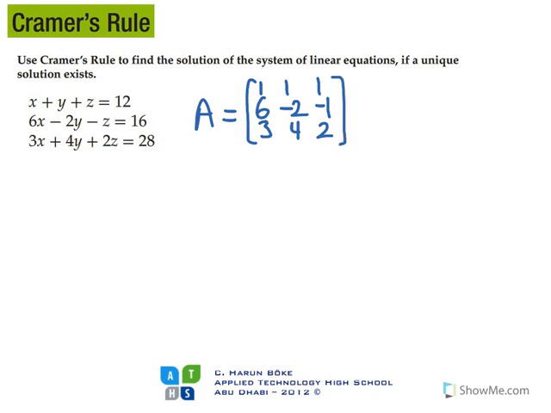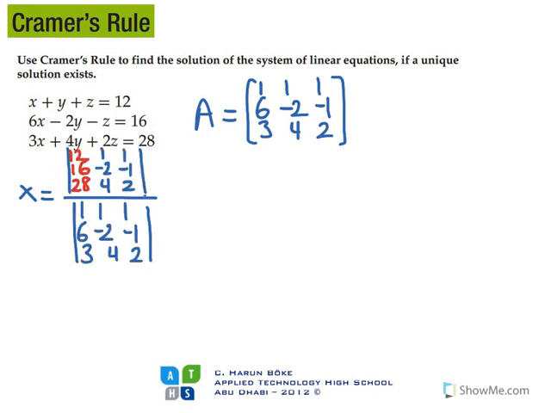This is my coefficient matrix. Now, for x, I'm going to write again 2 determinants. The bottom will be the determinant for the coefficient matrix. So, the top will be the determinant which I change the first column with the results.